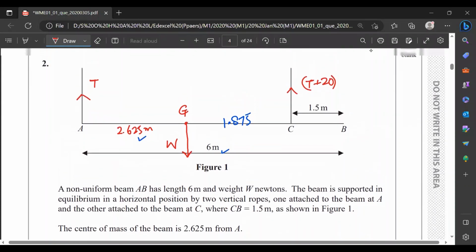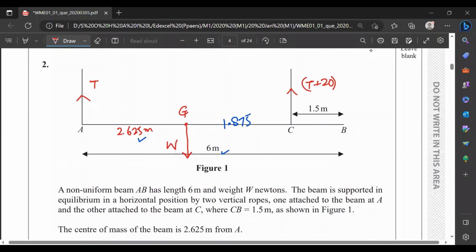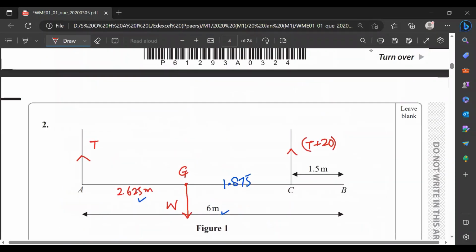Relative to G, one is clockwise and the other is anti-clockwise.